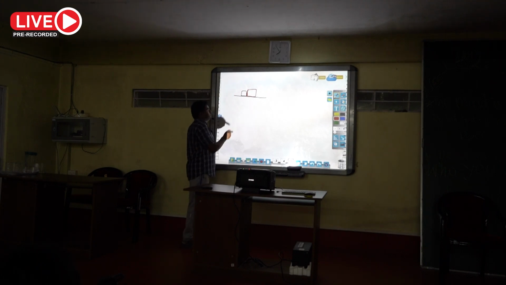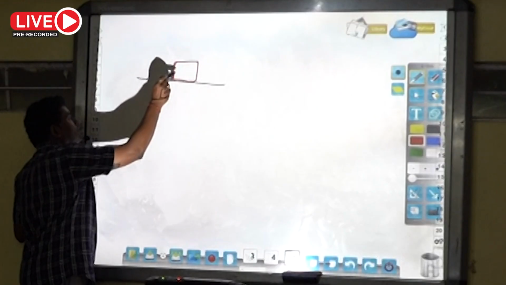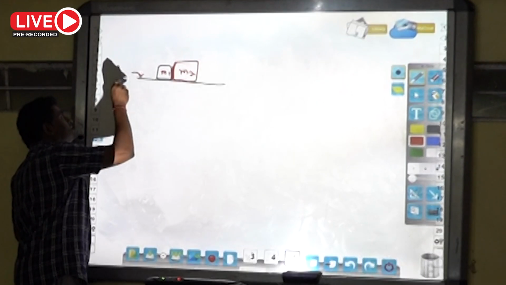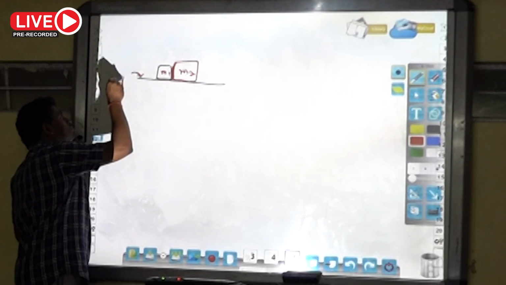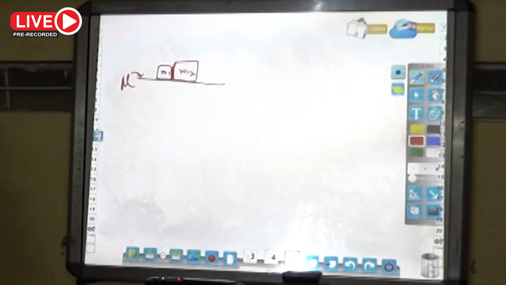There are two cubical objects, one of mass m1, another of mass m2. They are placed over a rough surface having coefficient of friction mu between the blocks and the surface. They are touching each other on a horizontal surface.